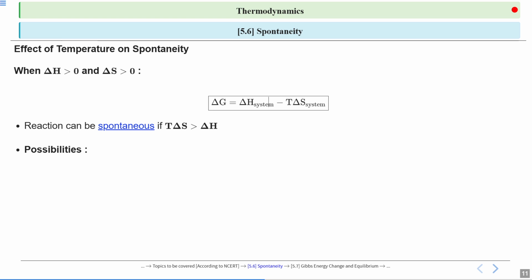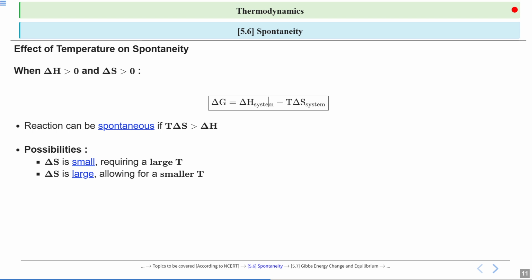Now, what are the possibilities? First possibility is that if your delta S is small and you want a greater value of T delta S, two possibilities are there: either your temperature is high or your enthalpy change is high. In the first case, we are saying that your entropy change is low, so to keep the process spontaneous, we have to increase the temperature.